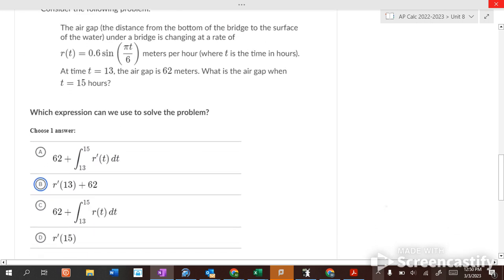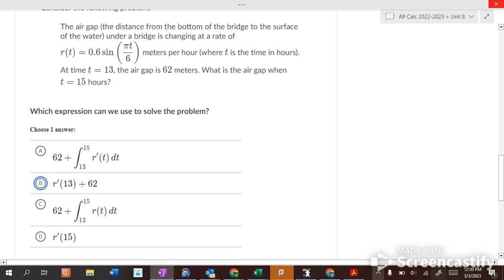All right. The air gap, which is the distance from the bottom of a bridge to the surface of water under a bridge, is changing at a rate of R of t equals 0.6 sine of pi t over 6 meters per hour, where at time equals 13 the air gap is 62 meters. What is the air gap at 15 hours?